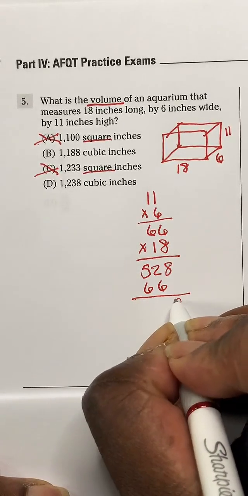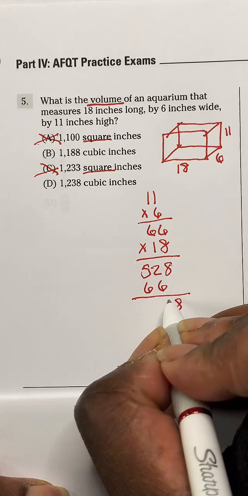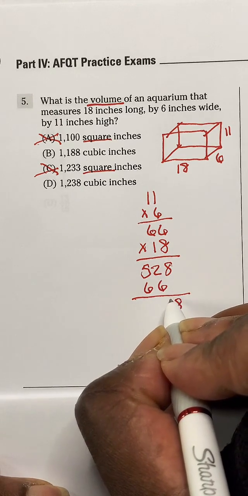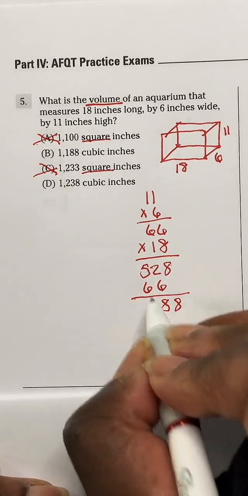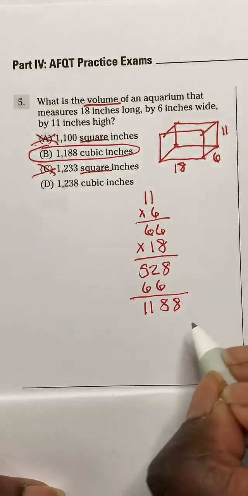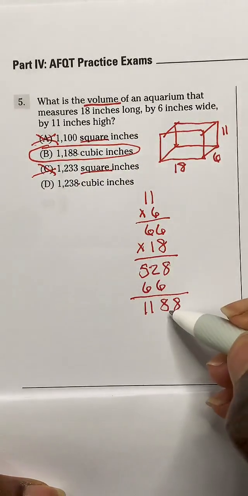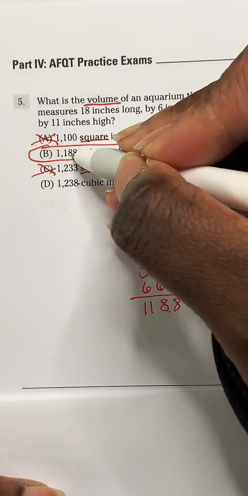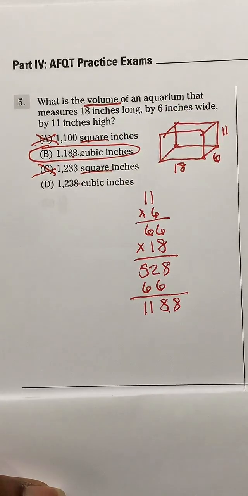So I bring down this 8. Then we have 6, 7, 8. So with that 5 and 6 gives me 11. So my answer is going to be B. Once I saw that first 8, okay, they both end in 8. Then the second one I got an 8. This has an 8. That one has a 3. So it has to be your B.